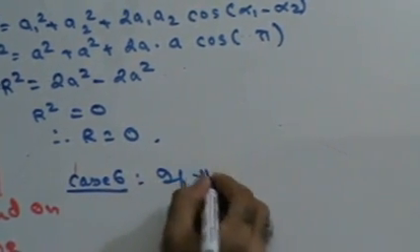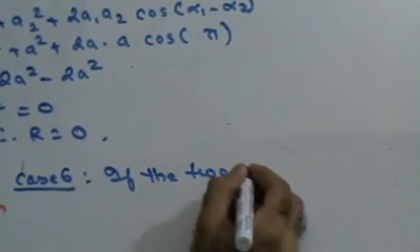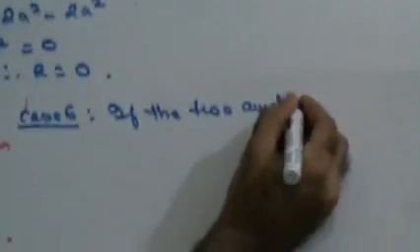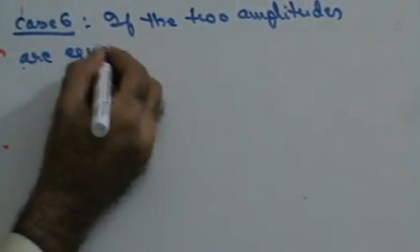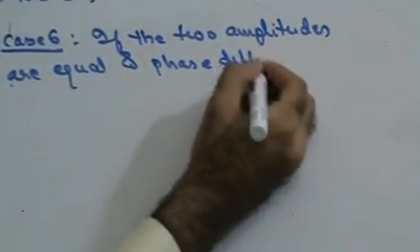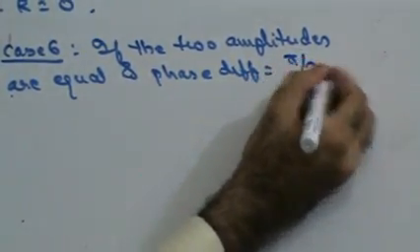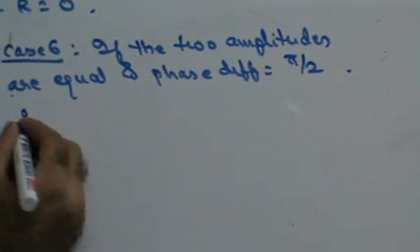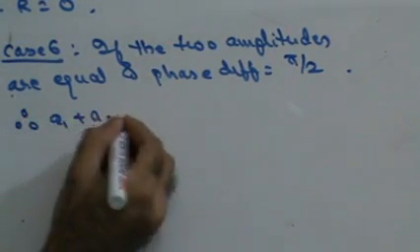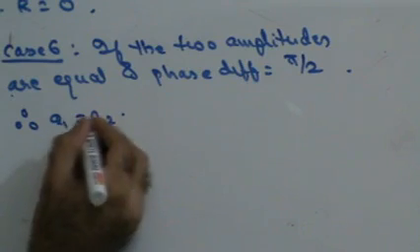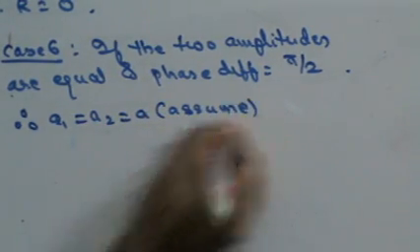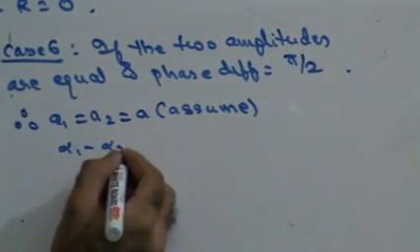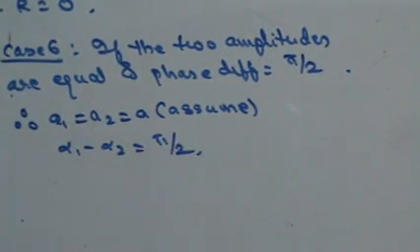Right? Case 6. If the two amplitudes are equal and phase difference is say pi by 2, that means A1 is equal to A2 is equal to A, assume, and alpha 1 minus alpha 2 is pi by 2.